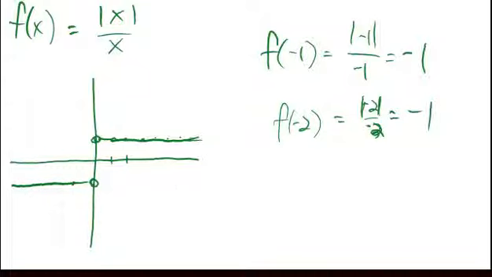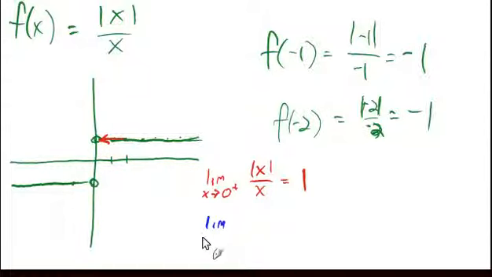So here's an example where, what's the limit as x approaches 0 from the right of the absolute value of x over x? Well, that is equal to 1. From the right, we're always at positive 1.